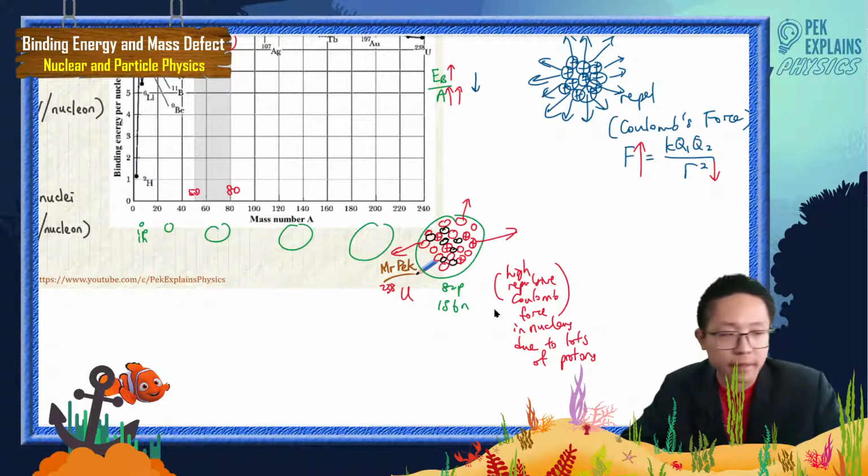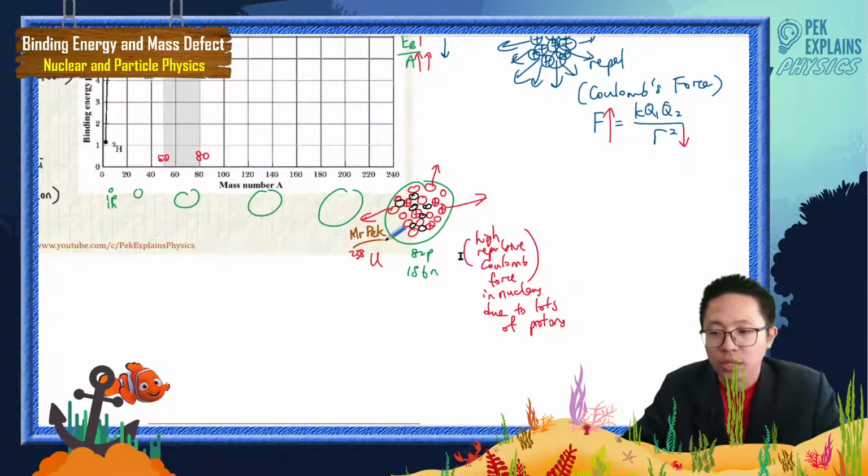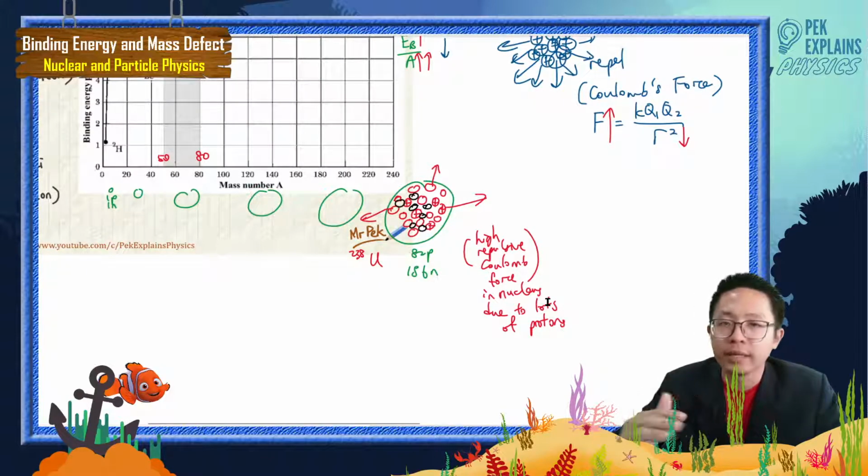You see that? It has very high Coulomb force inside the nucleus due to lots of protons. So this weakens the stability, lowers the stability of the nucleus.